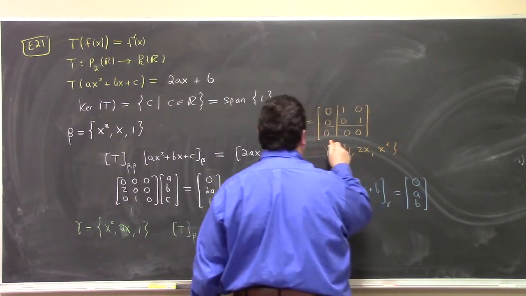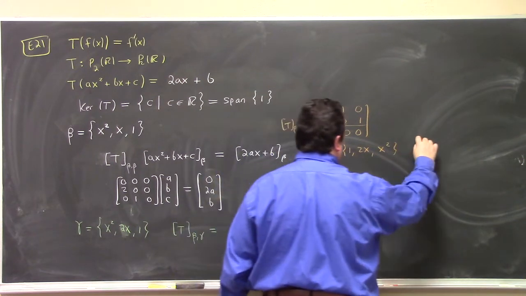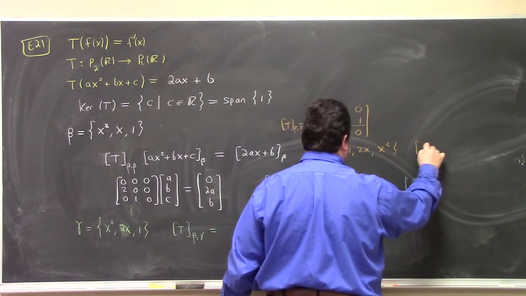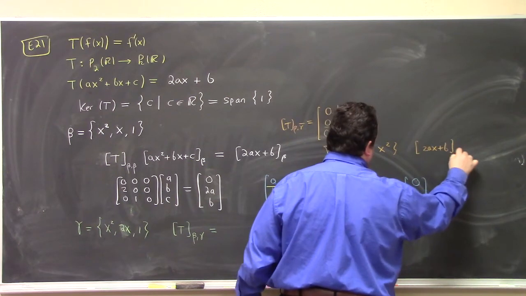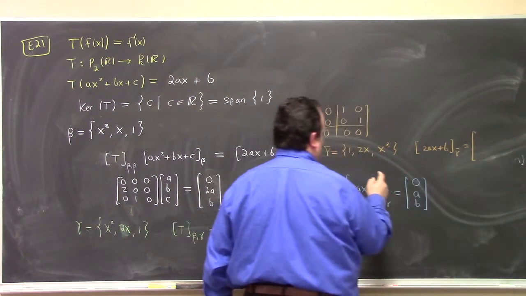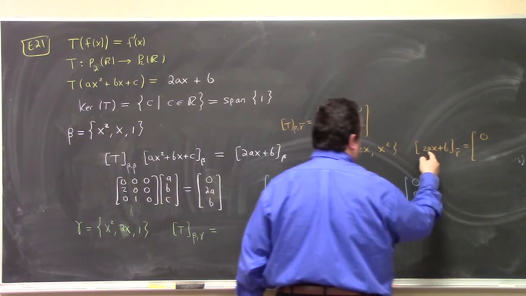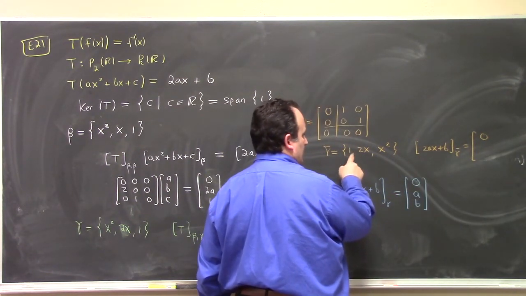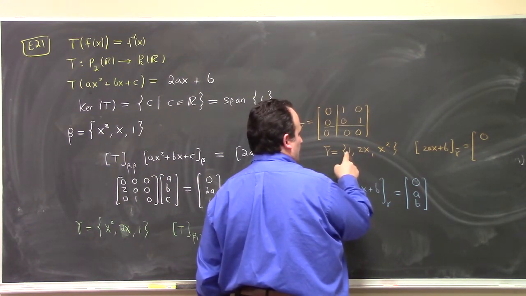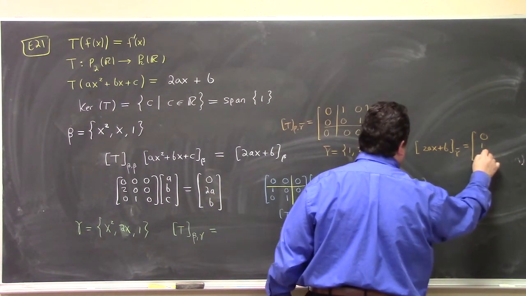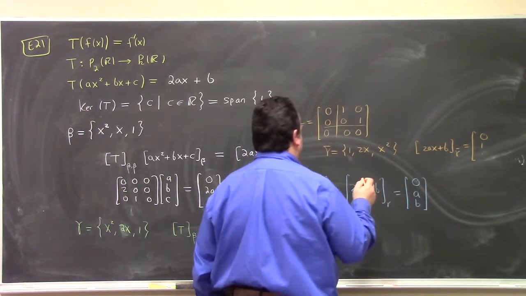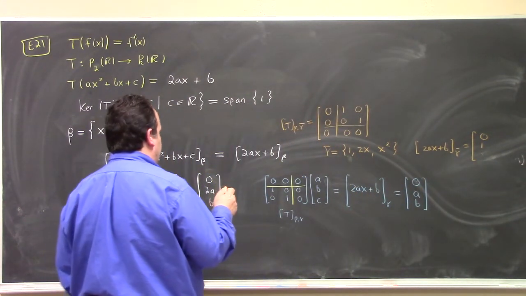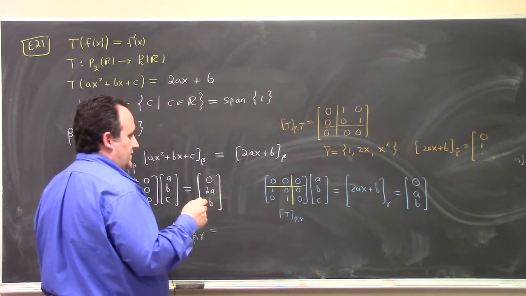Because then, let me call it gamma bar. 2ax plus b in gamma bar coordinates: I've got 0 of these guys, oh no, I've got a b. That gives you 1, 0, 1. I think I want, oh, I'm sorry, 0, 1, 0. I'm talking about the first row, but I'm trying to figure out what coordinate this gives.